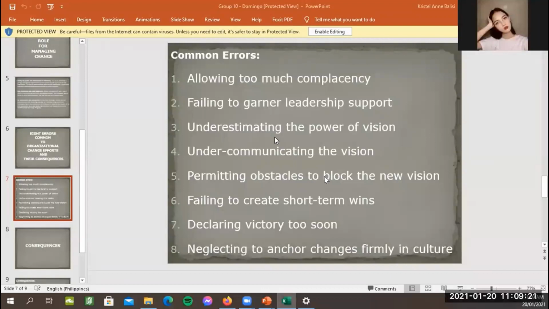Hi, good morning everyone. 8 core errors common to organizational change efforts and their consequences. The first common error is allowing too much complacency. What is complacency? Complacency is an attitude that we develop when we enjoy prolonged comfort.